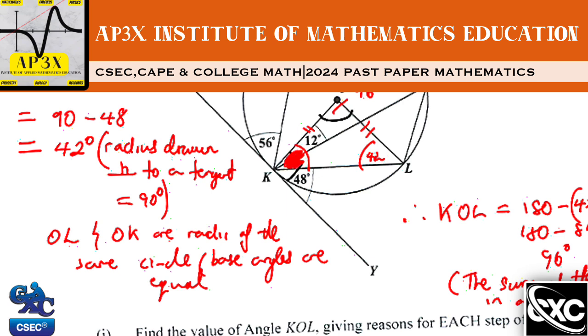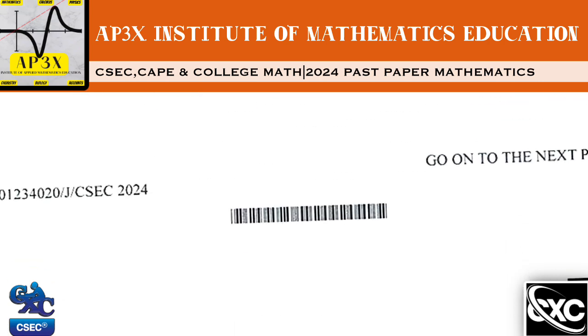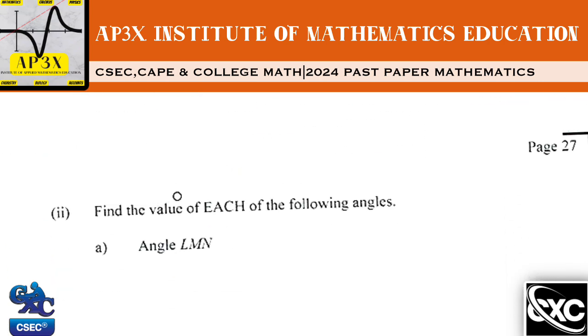All right, so now that we have that 42 degrees there, we have given our reasons. Let's go down here. It says that we should find the value of each of the following angles. Once again, I'm assuming that you should give reasons for your answer. Angle LMN. So the angle is located at the letter that is in the middle.